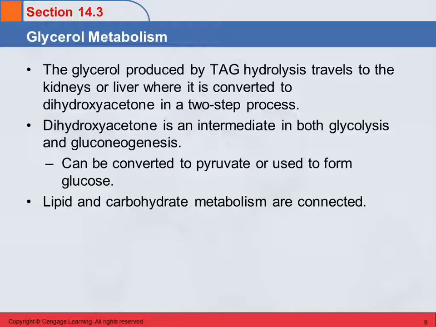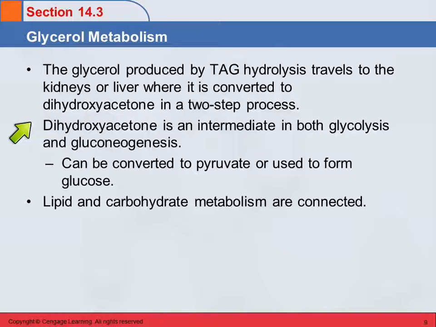So when the triacylglycerols are mobilized, they're hydrolyzed and they produce glycerol, because that was the backbone, right? You get the fatty acids and the glycerol. The glycerol is going to travel to the kidneys or the liver, and it gets converted to dihydroxyacetone phosphate in a two-step process.